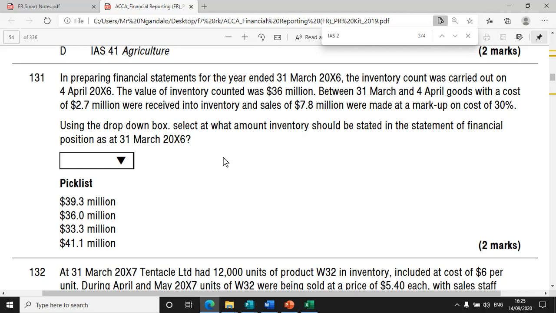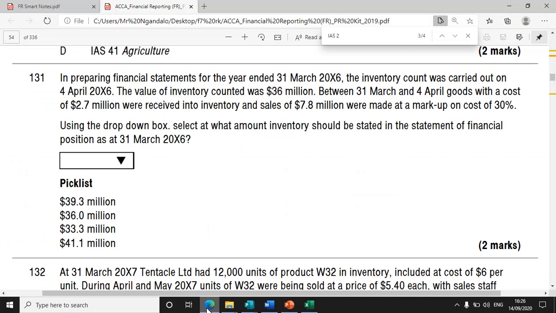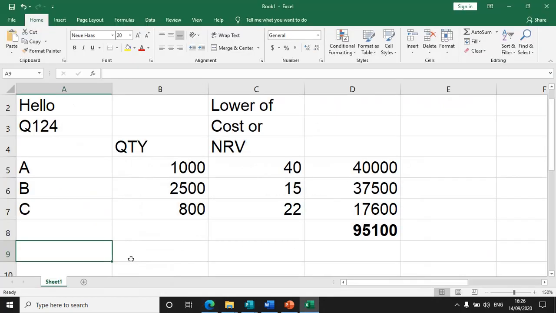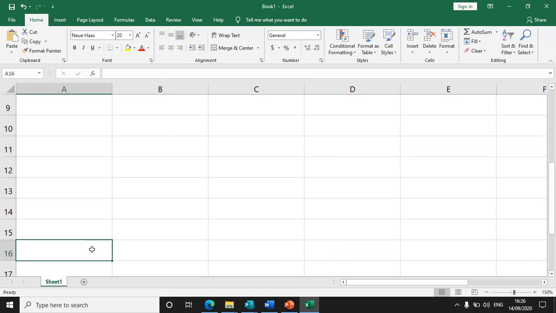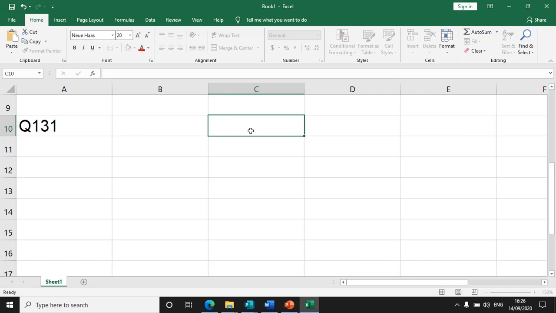Between 31st March and 4th April, goods at the cost of 2.7 million were received in inventory, and sales of 7.8 million were made at a markup of 30%. So now give us the correct figure for inventory at the year end. I think in this case it shouldn't be very difficult. Question number 131. So let's deal with that question and see if we can make headway.